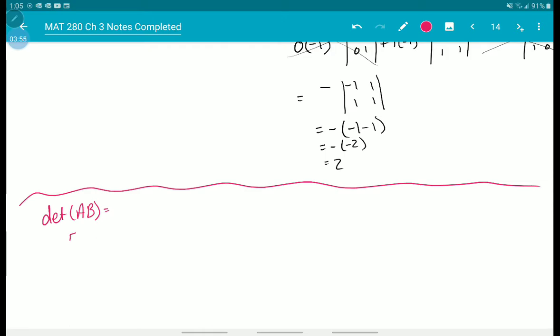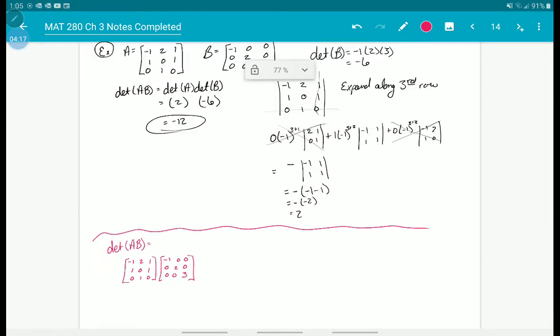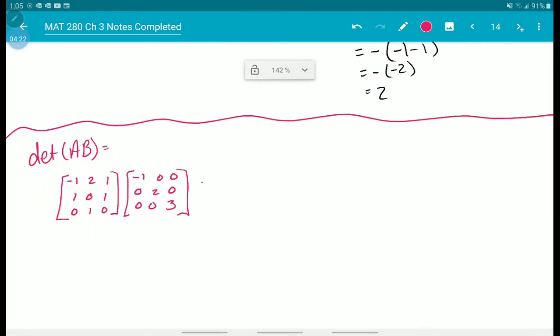To find that determinant, we would first have to find the product of A and B. So if we were to find that product, we get that. And then we would have to go back and find the determinant of that.